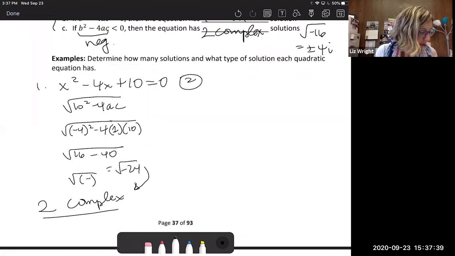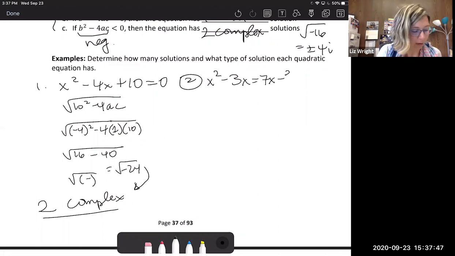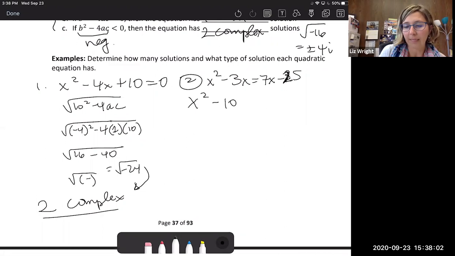All right, so if we tried another one, let's say we had x squared minus 3x equals 7x minus 25. So bring your 7x over, bring your 25 over. So we're going to have x squared minus 10x plus 25 equals 0.